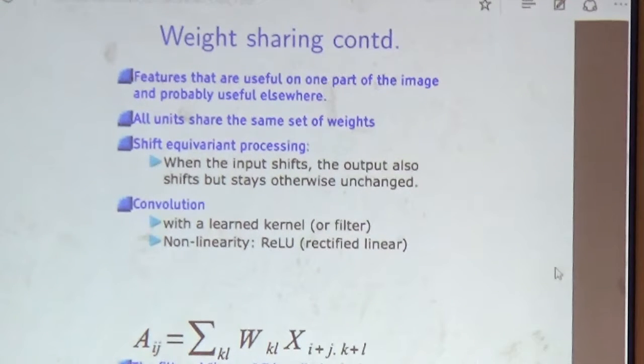What does it achieve? Features that are useful on one part of the image are probably useful elsewhere, so they are learnt. All units share the same set of weights, and we do shift invariant or translation invariant processing. Suppose I am looking for this eye region in my face. The eye has a very distinct pattern, and I am looking for this pattern in the face.